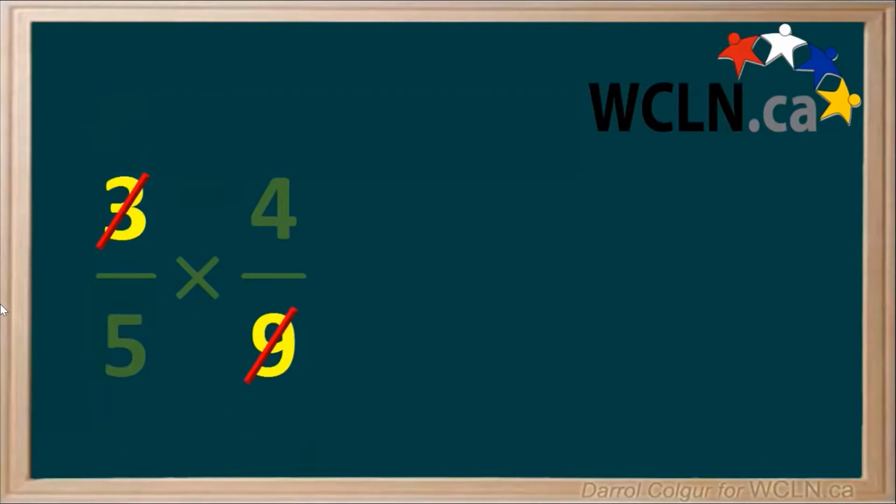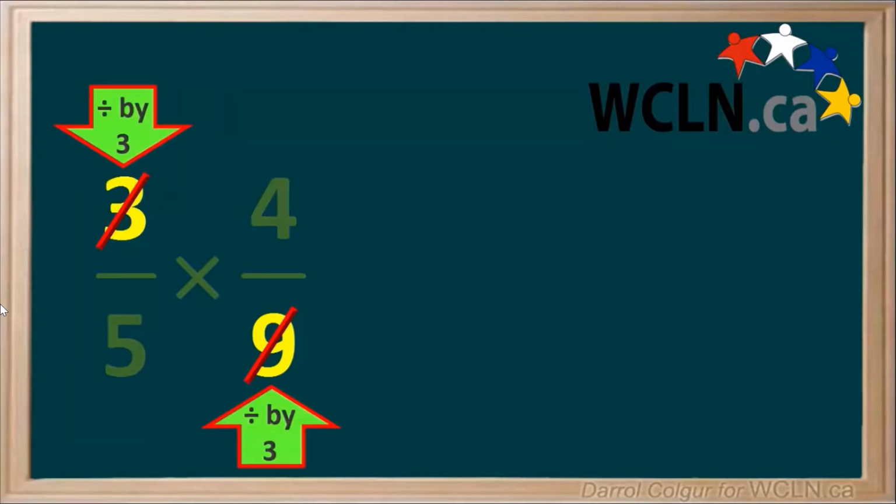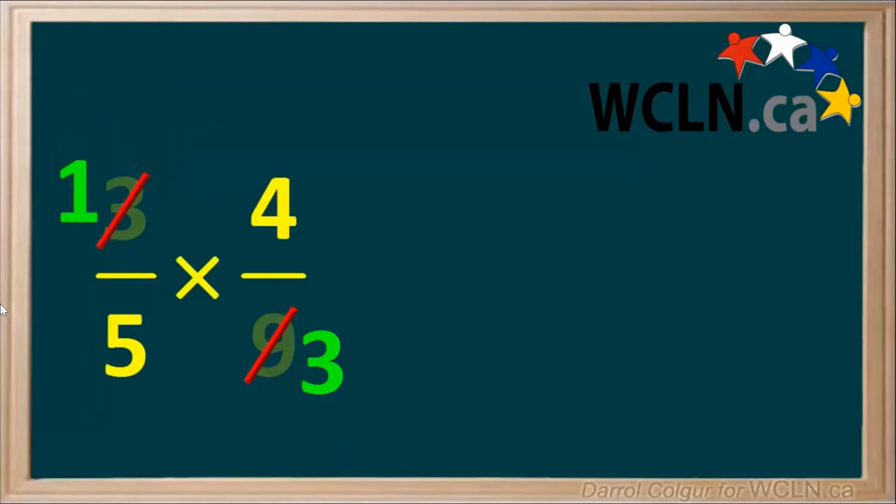We'll draw a line through both the 3 and the 9 to cancel them. And we'll divide both of them by 3. 3 divided by 3 is equal to 1, so we'll write in a 1 by the crossed out 3. And 9 divided by 3 is equal to 3, so we'll write a 3 by the crossed out 9.